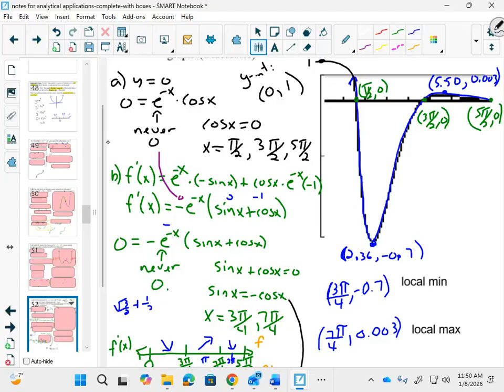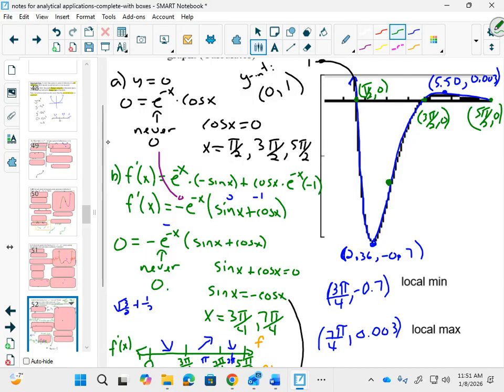The question didn't ask us to find our inflection points, so we didn't bother doing that. But if you wanted to have a more accurate graph, you would have found out that there is an inflection point probably about here.